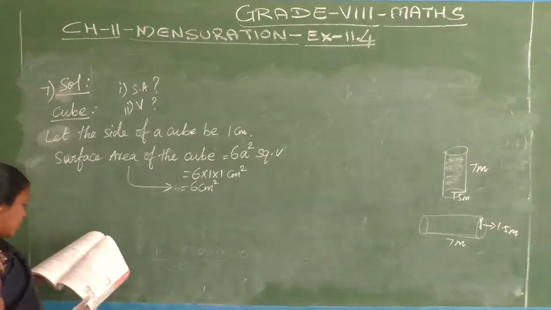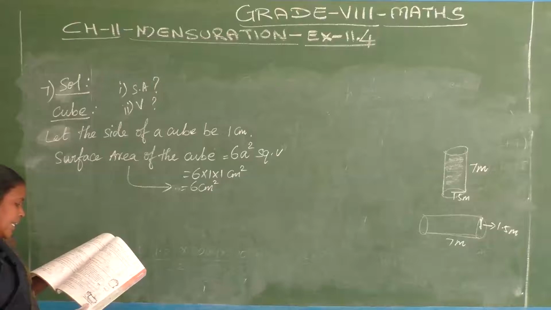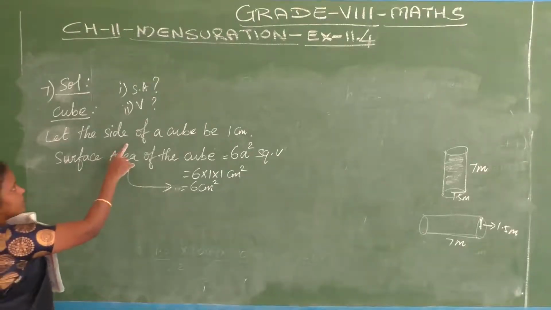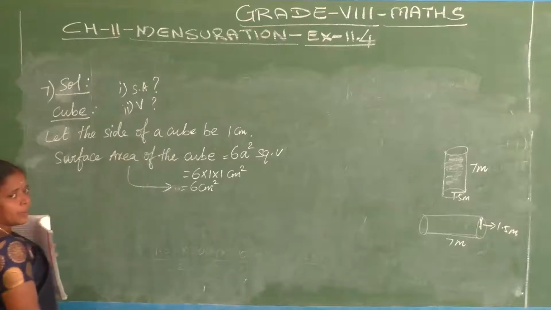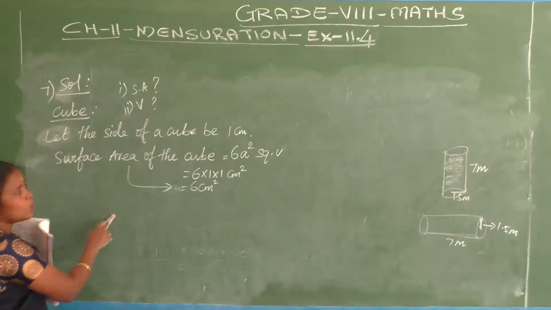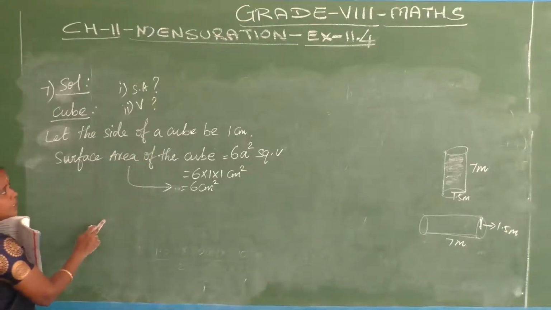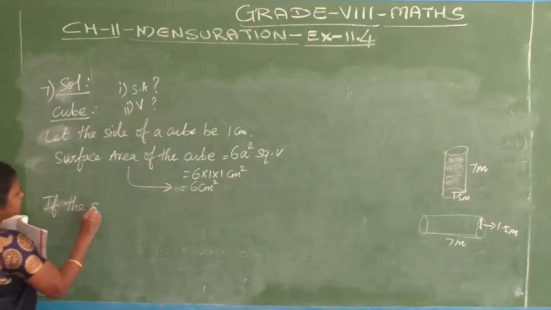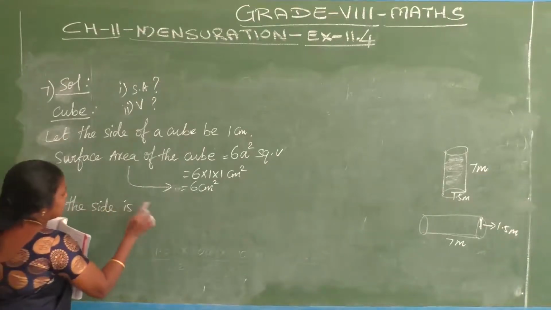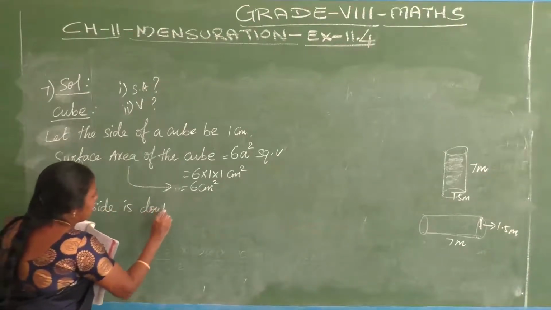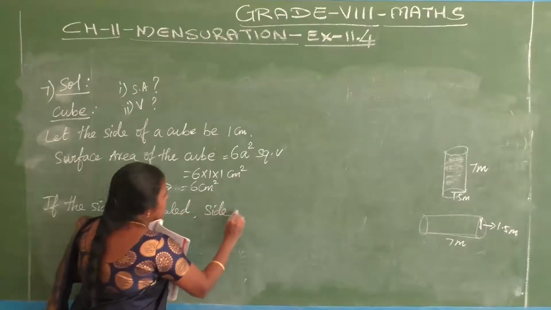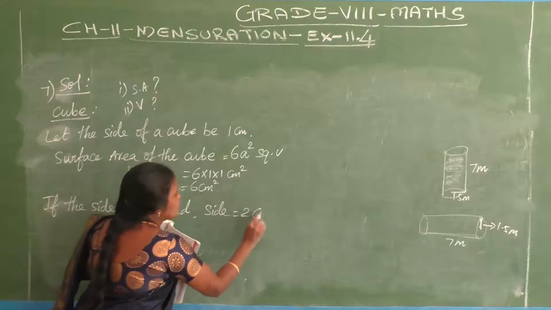Suppose, if each side of the cube is doubled, I assumed 1 centimeter at first, now it is doubled. If the side is doubled, side equals 1 doubled, 2 centimeter.